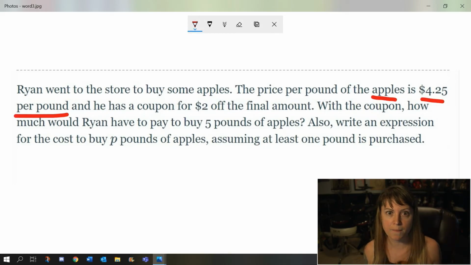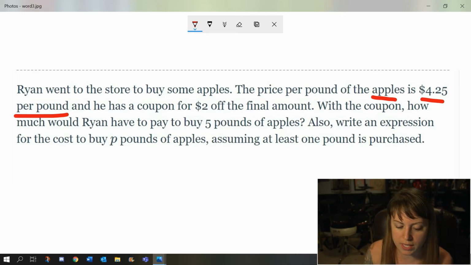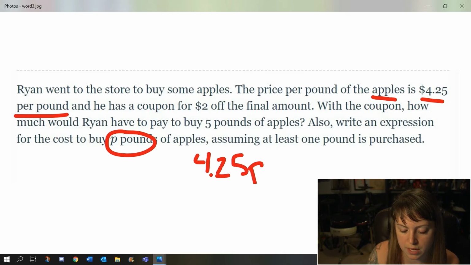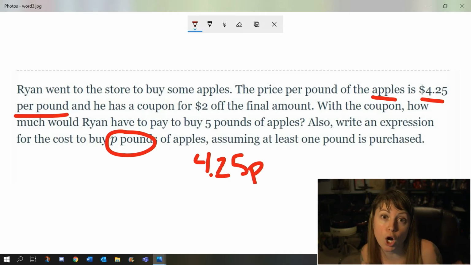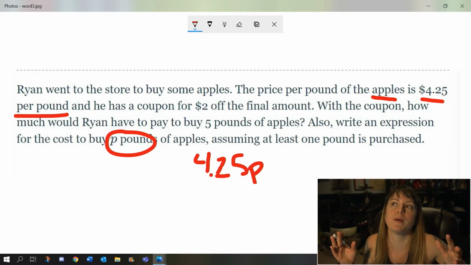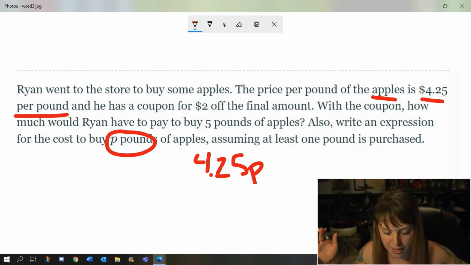As soon as I see $4.25 per something, I know that's my variable. So in this case, I am buying p's. So $4.25 p. $4.25 per pound. Okay, halfway done. Now, if I don't have a coupon, it's $4.25 per pound no matter how many pounds I buy.